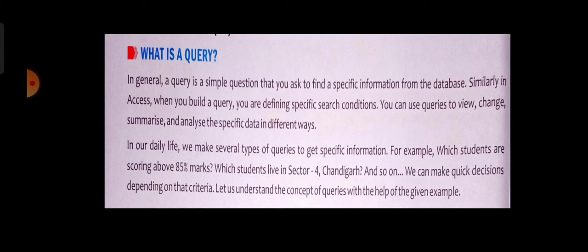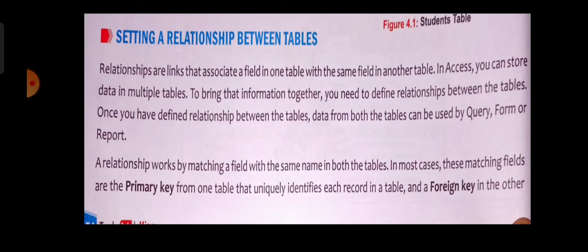How to create a relationship in Access, that is more important. So before telling you how to create a query, first of all I would like to explain to you about setting relationship between tables in Access. I hope the meaning of query is clear to you.